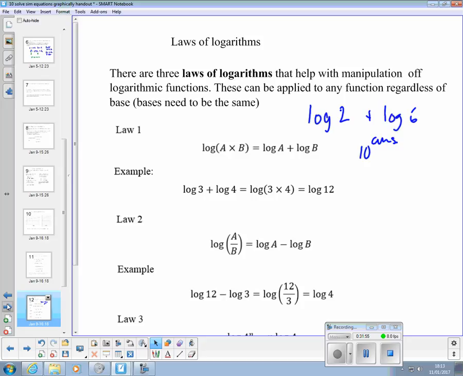Press shift log answer equals. 12. Yeah, you got to finish the brackets when you add them together. Look, log 2 plus log 6 equals, shift log answer equals 12.